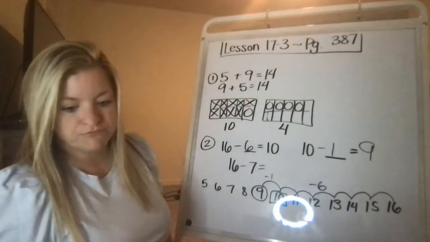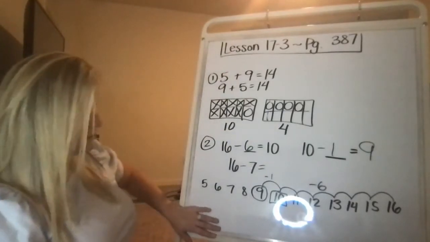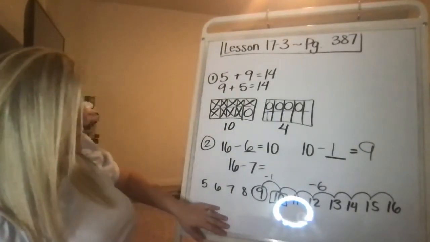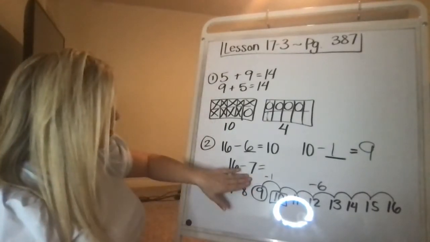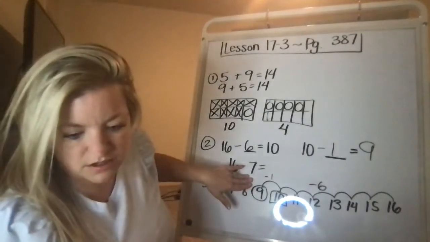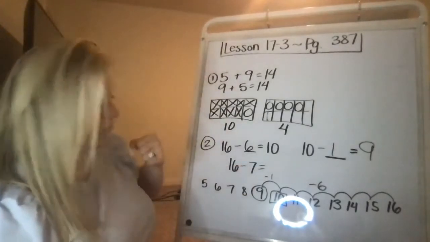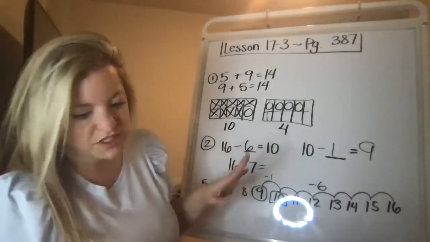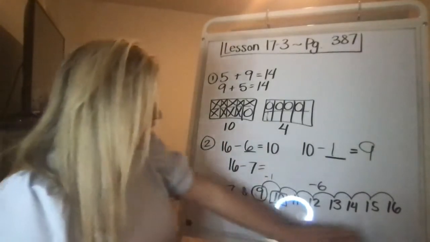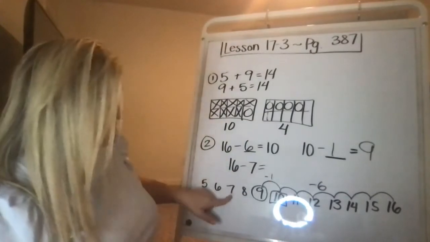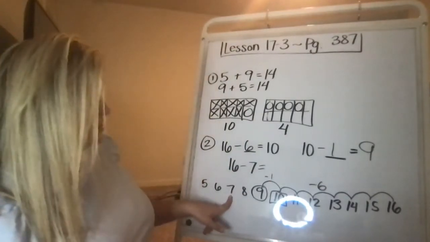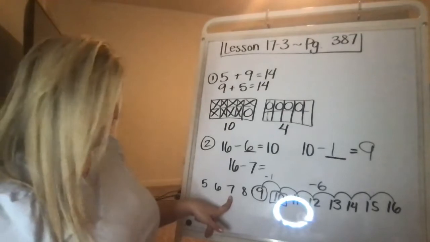9. So now I know, oh my gosh, what was I doing there? Oh, isn't this 16 minus 7? Yeah, okay. Sorry, the book did it a little bit differently than I did it. I jumped back 7 spots. They jumped back to the number 7, which would be 9 jumps.